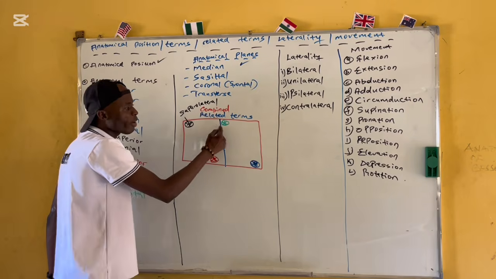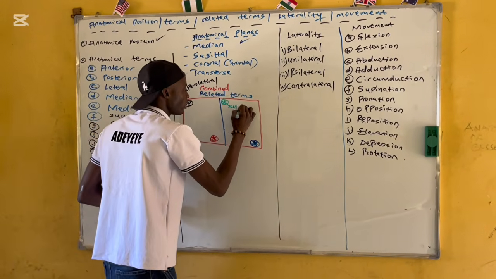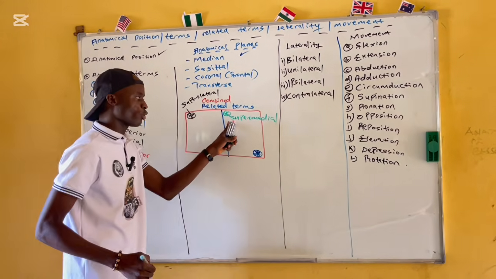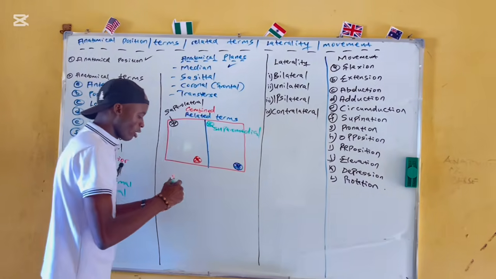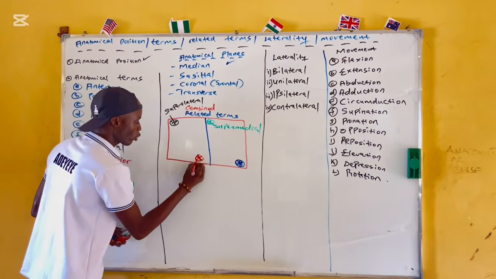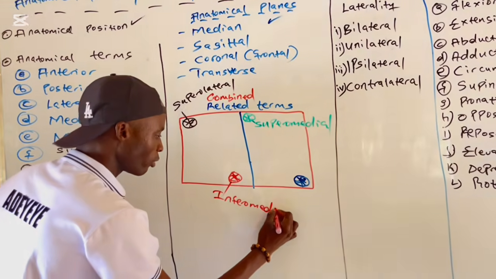Alright, so now this green ball will be labeled as what? Superior medial. You see that? This is a superior medial ball. It's closer to the middle and it's at the top. Same thing over here. The red ball, we call the red ball inferior what? Inferior medial ball. You see that?